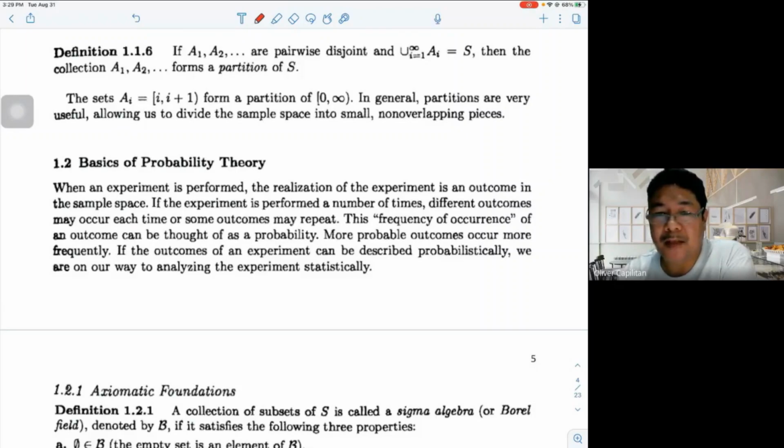We might say that the probability is a frequency of occurrence, as many would interpret it. But for this section, we have the basics of probability theory. So we're not going to define probability in terms of frequencies, nor interpret it as a belief in an event occurring.